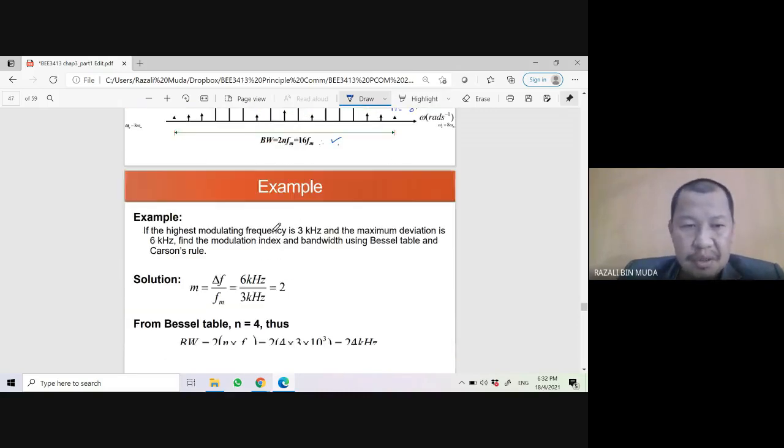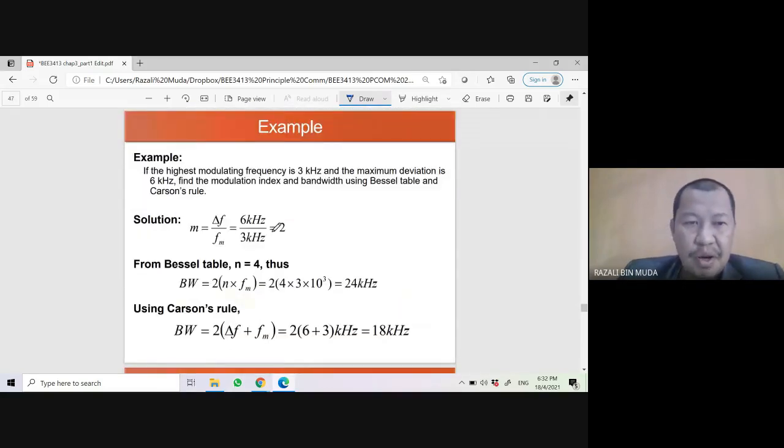Okay, example 1. If the maximum modulating frequency is 3 kHz and the maximum deviation is 6 kHz, find the modulation index and bandwidth using Bessel table and Carson rule. Okay, understand? Yeah? So modulating frequency maximum equal to 3 kHz.